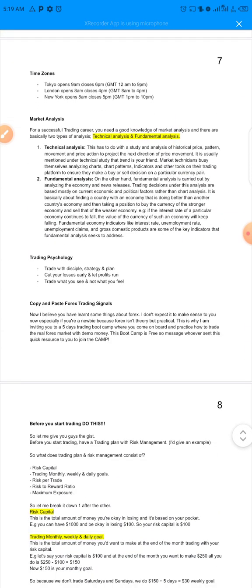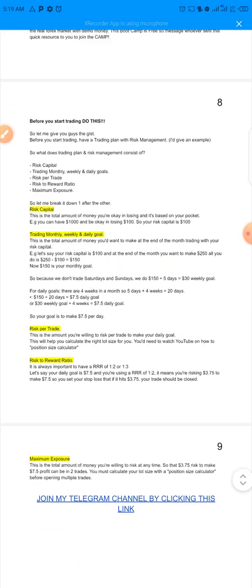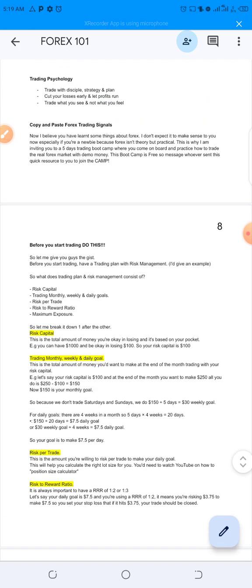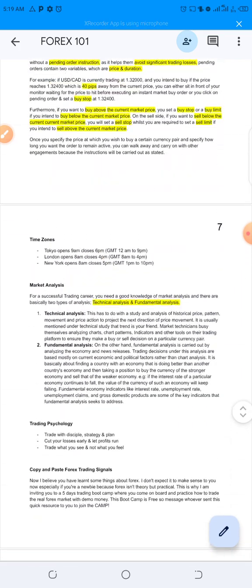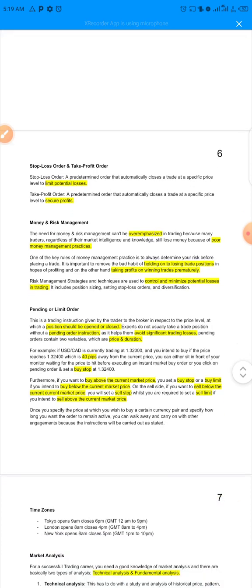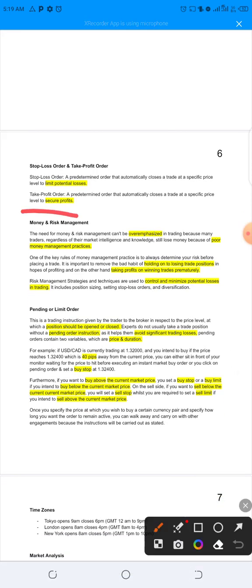So let's talk about risk management. Let me first start from here. Money and risk management. As you can see, it says the need for money and risk management can't be overemphasized in trading, because many traders, regardless of their market intelligence and knowledge, still lose money because of poor money management practices.